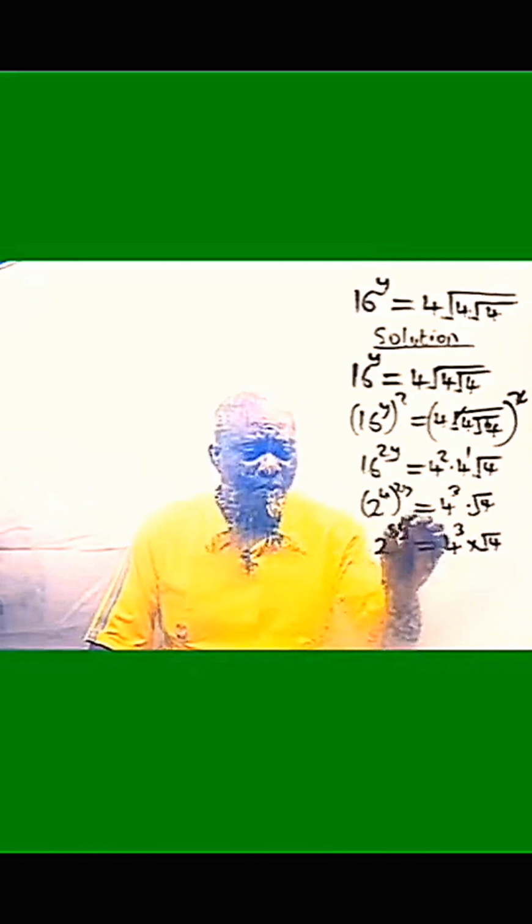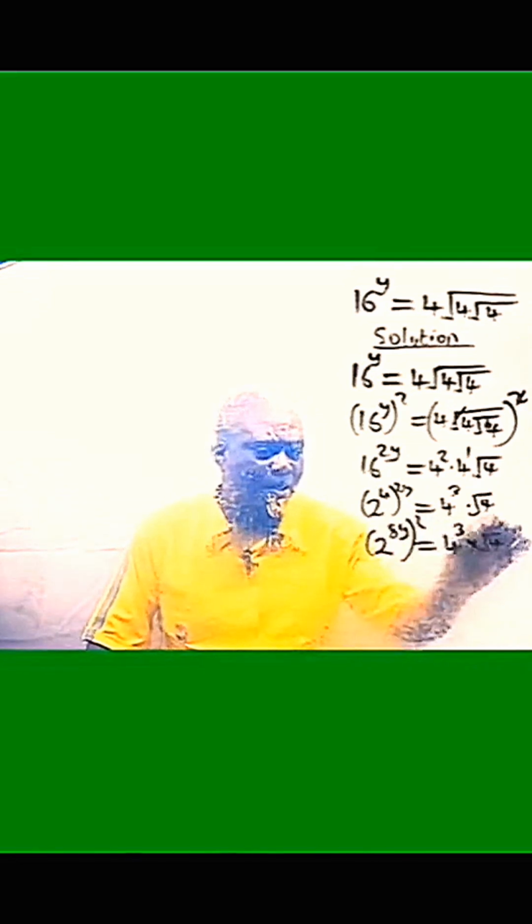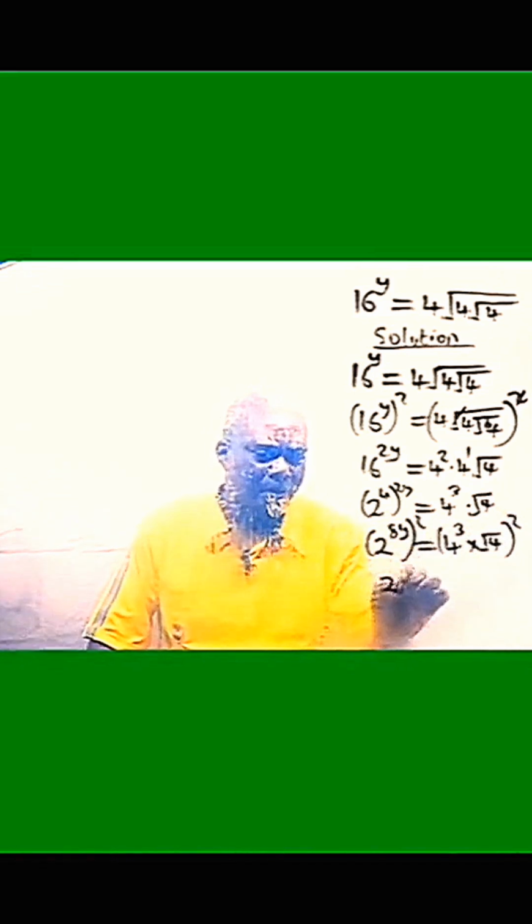So you square both sides again. You square this one. You also square this one. So if you do that, this one will become 2 to the power 16y equals 4 to the power 6 multiplied by 4 to the power 1.